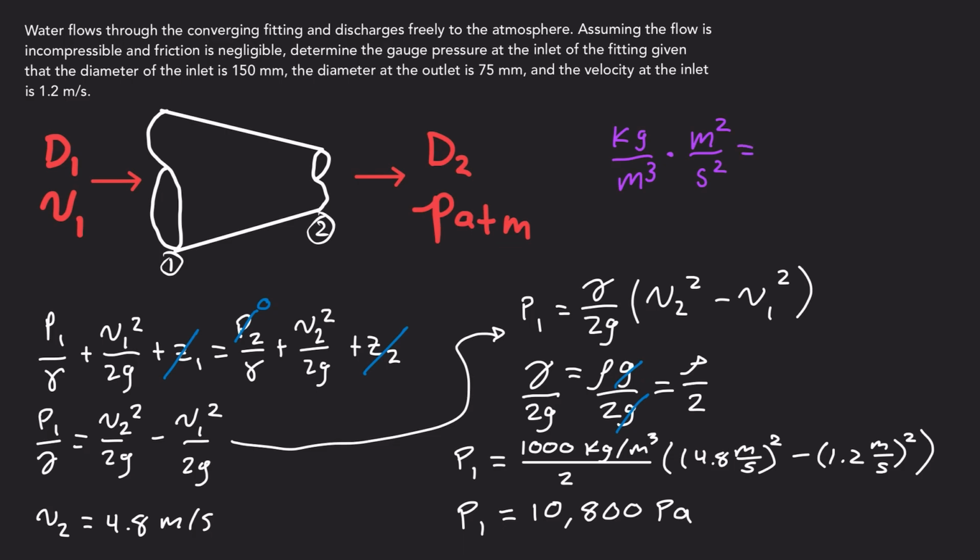We can rewrite this as kilogram meter per second squared divided by meter squared, simply letting one of these square meters cancel one of these, leaving meters squared in the denominator. And this term is a Newton. This is a Newton per meter squared, which is equal to a Pascal.